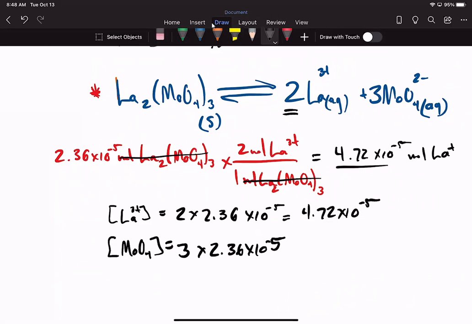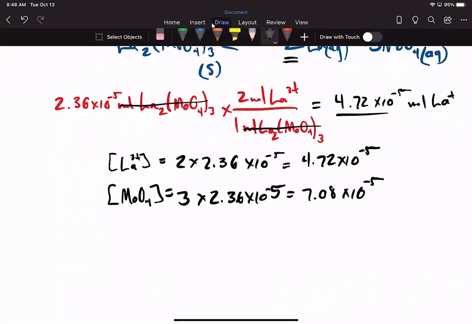We got 7.08 times 10 to the minus 5. So now I have these concentrations, and because these are the equilibrium concentrations, I don't need an ICE table here.